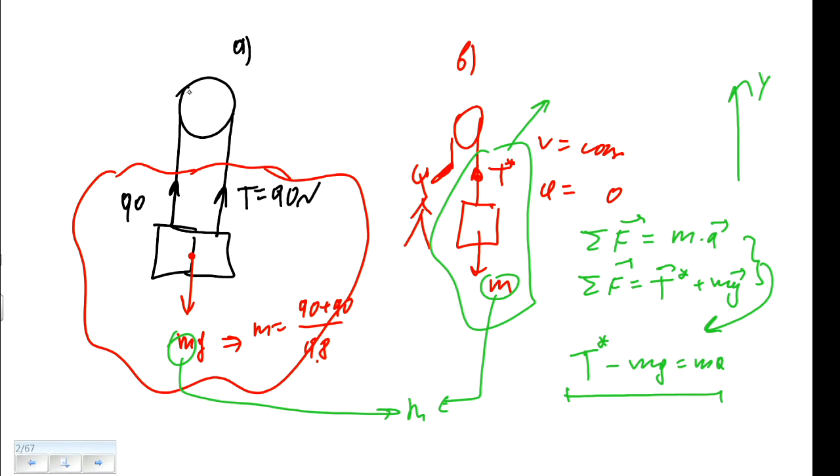Next step, you start asking, all right, what do I know? What am I looking for? You know this, and you're looking for this. That's also, again, a straightforward application of a general strategy.